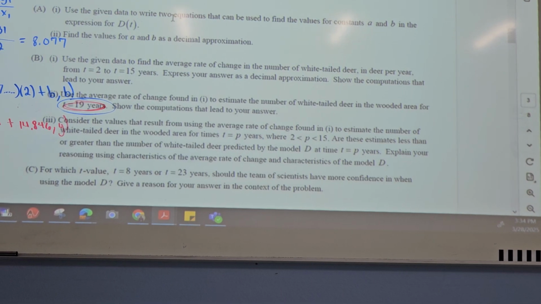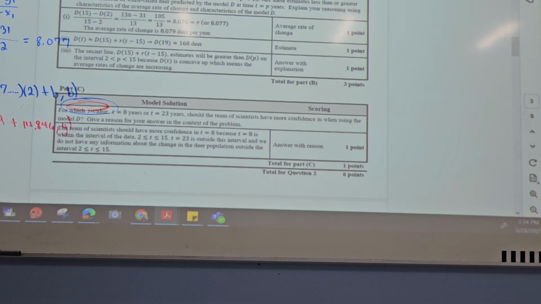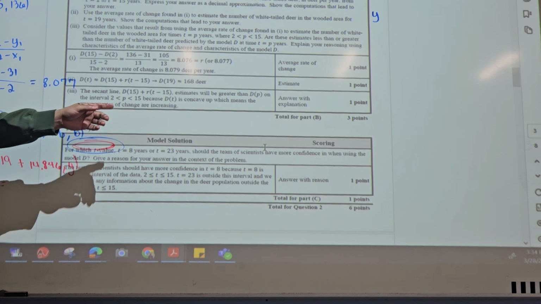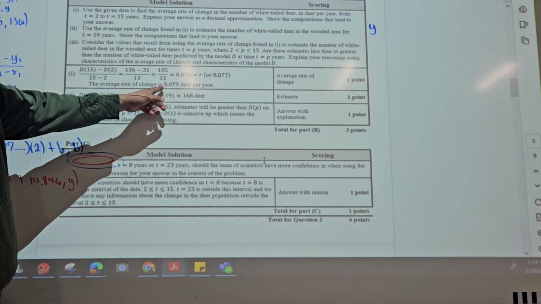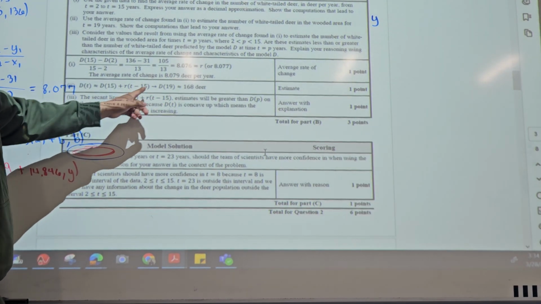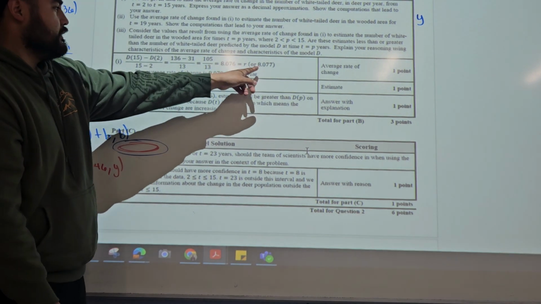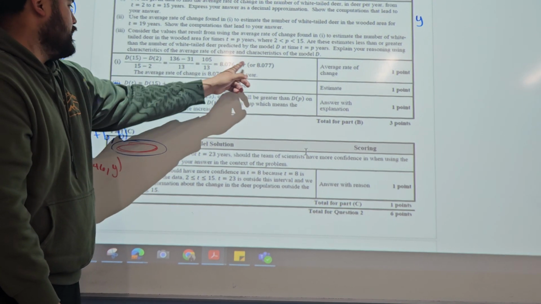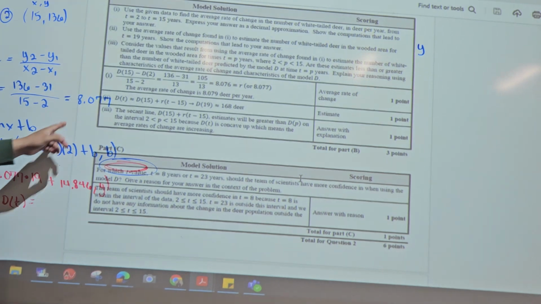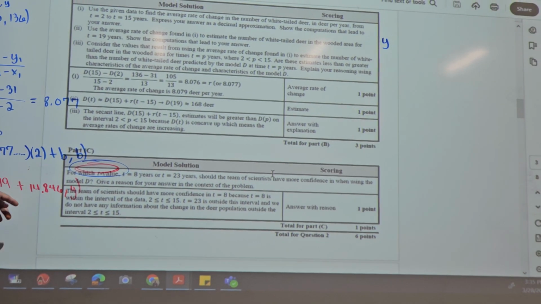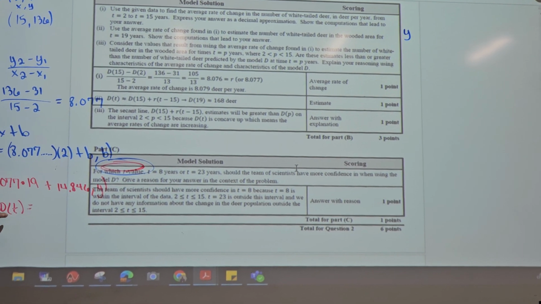With that said, let's see if we're correct, right? So if you notice here, yeah, basically 8.079, which was close to 8.077, right? It tells you here, check it out right here, for my slope. And then, where else are we at, right?